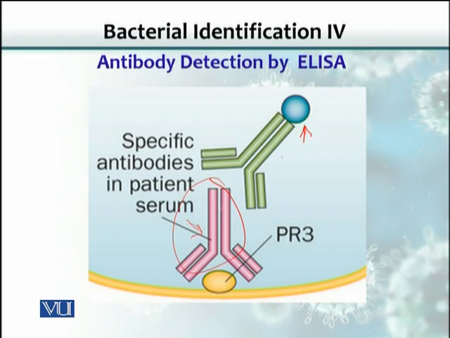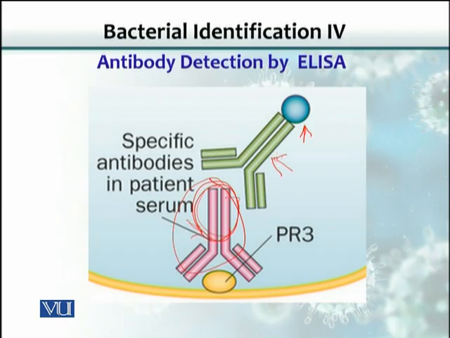So we have raised antibodies against this part of the antibodies already in the lab, and this antibody has been labeled. Now, if this antibody is there, when we add this anti-antibody, which is already conjugated, at the end we can give the enzyme a substrate and develop a color. The presence of that color would indicate that this antibody was there.